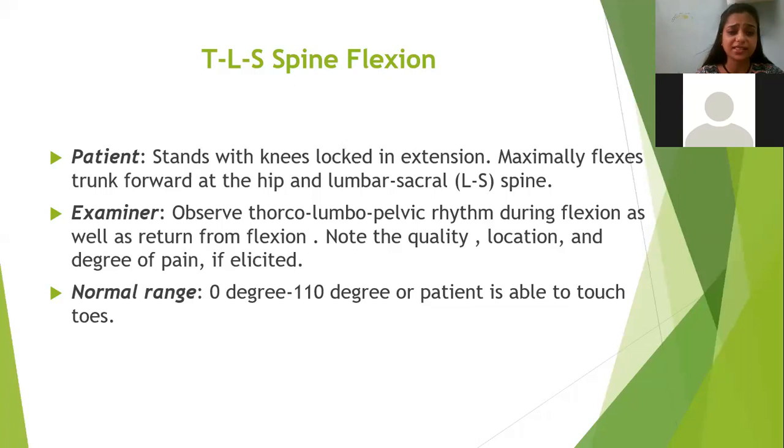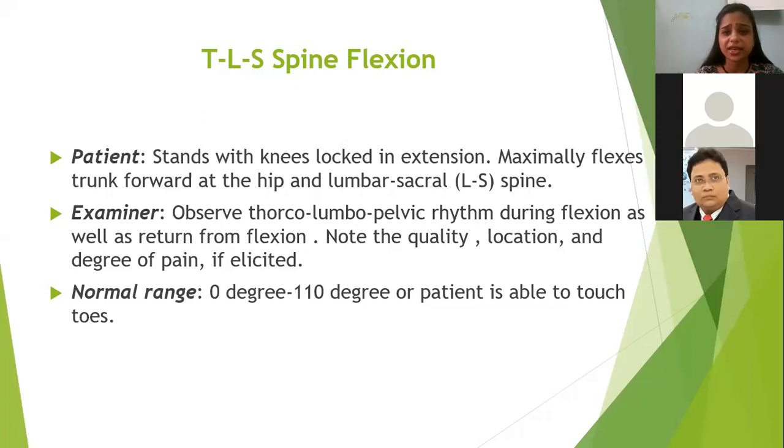Is he in full extension, able to bend his spine or not? Is there any restricted movement, and what degree of movement is there at the thoracic and lumbar level, the sacrum and the pelvis?